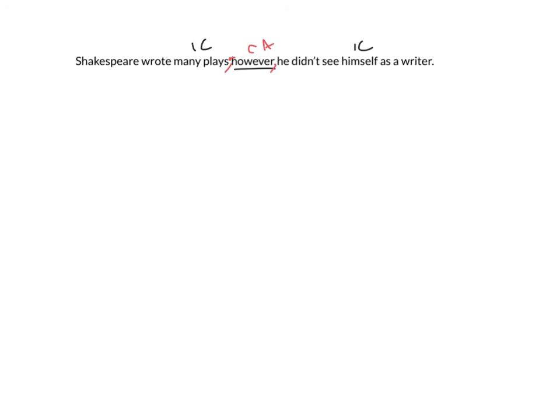Let's try another one. How are you going to punctuate this one? Right, always start with the same place. What's your conjunction? Your conjunction here is since. Can it flippy-floppy? Since women weren't allowed on stage, men played all the women. Yes, that makes sense, which means that this is your subordinating conjunction.